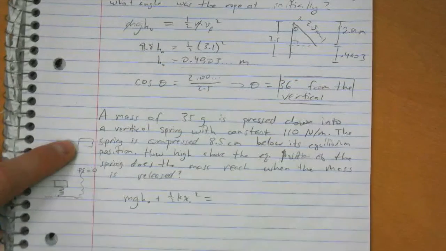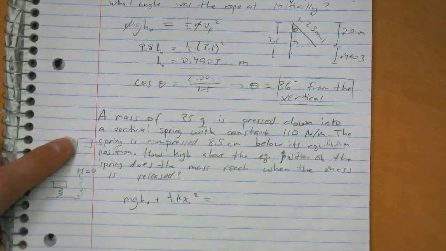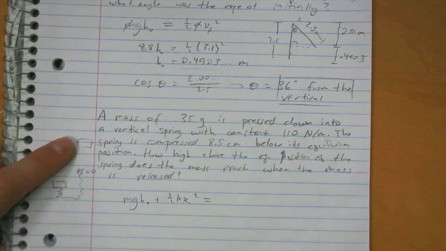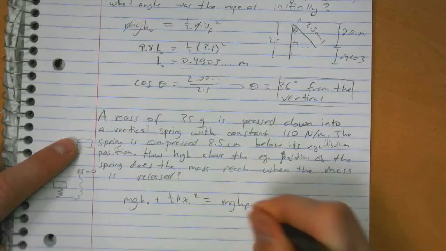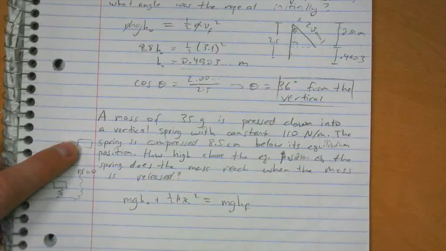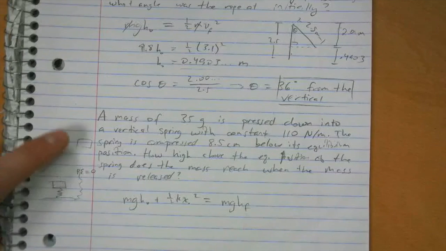Well, when it reaches its highest point, we know from our studies of projectile motion that its velocity is 0 at that point. So at that highest point, it has some gravitational potential energy. It's no longer touching the spring, so it has no more spring potential energy, and it has no kinetic energy because it has come to rest.